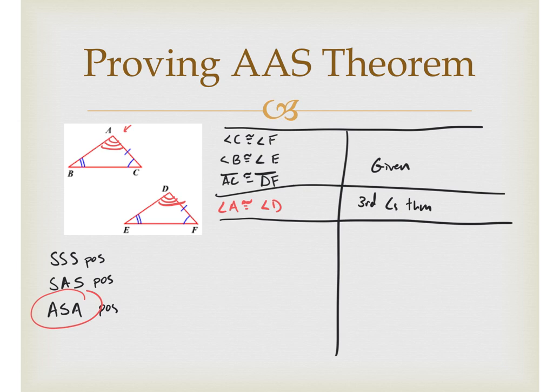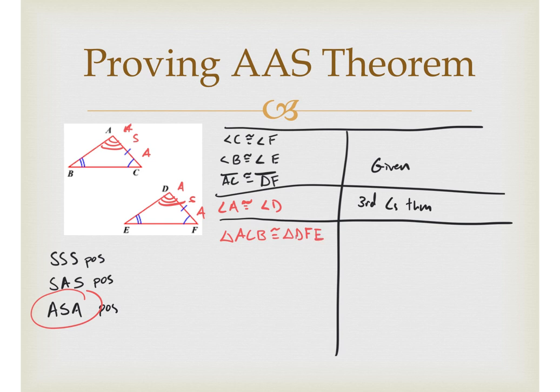I have an angle, a side, and an angle. And over here I have an angle, a side, and an angle. I have the order of the information that I need, so I can jump in and say that triangle ACB is congruent to, pay attention, the names have to match, triangle DFE.